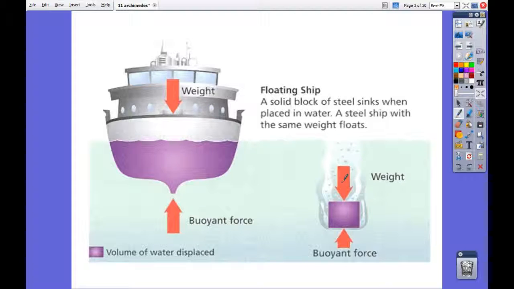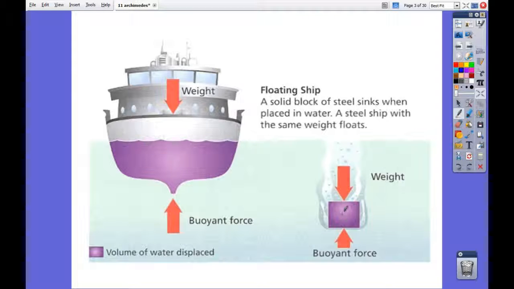A metal block that has the same weight as a ship will sink easily. But if you make the volume larger and it contains air, the ship floats. It has to have a big volume, so the volume of water displaced is larger, so the buoyant force will counter this weight, so it floats.